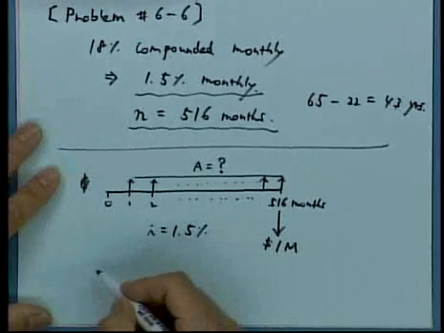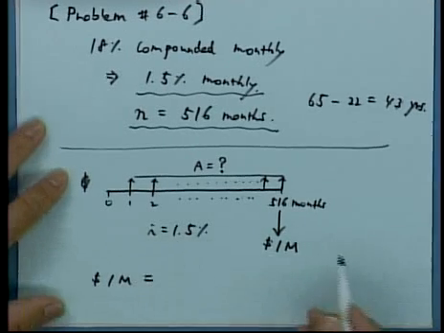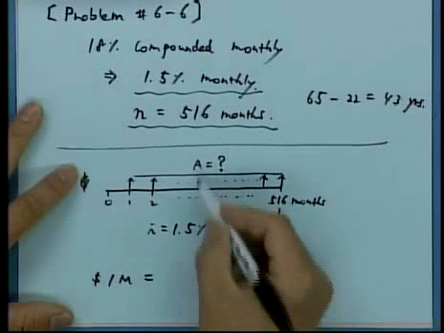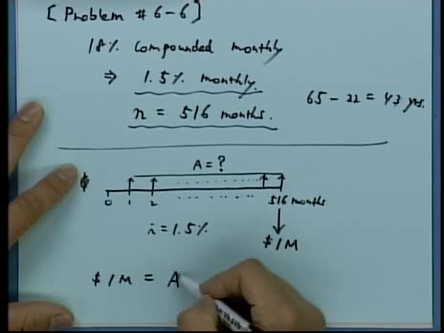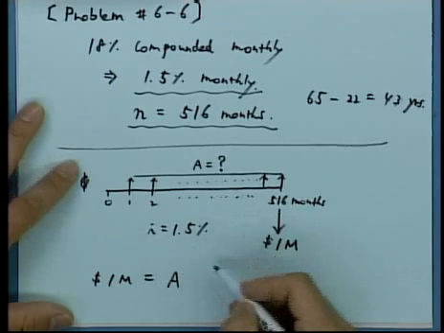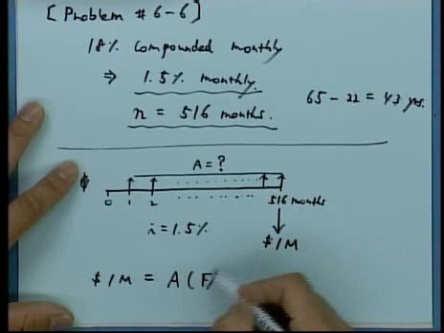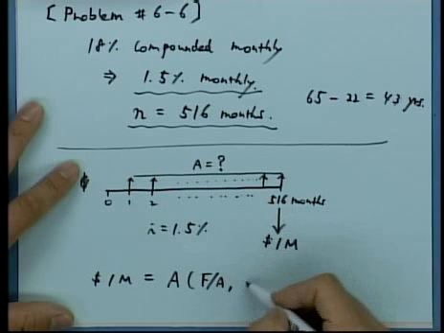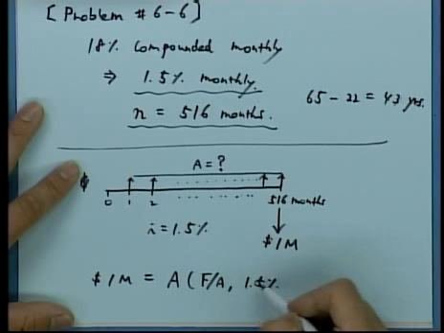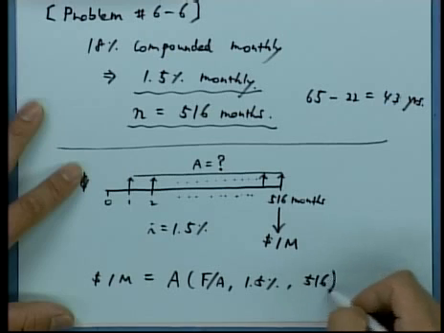So obviously 1 million equals A, equivalent uniform annual cost, times F given A, 1.5% over 516 periods.